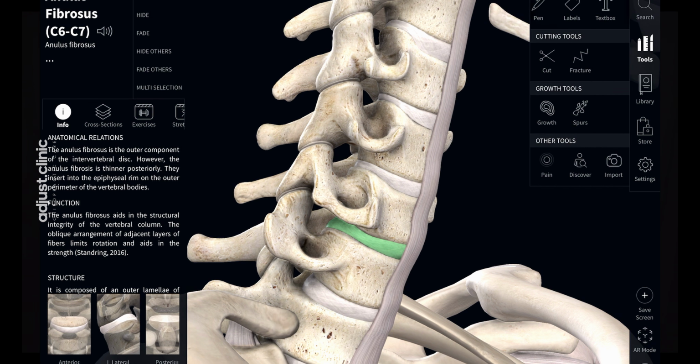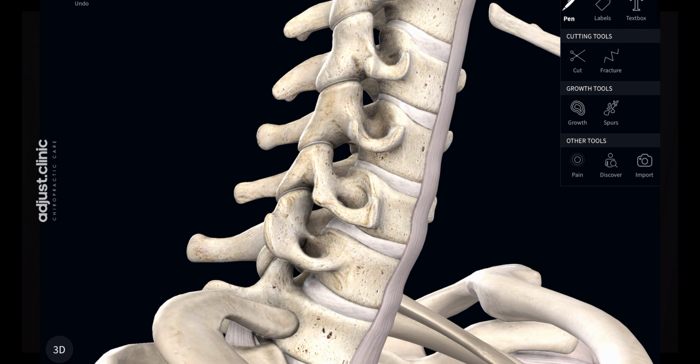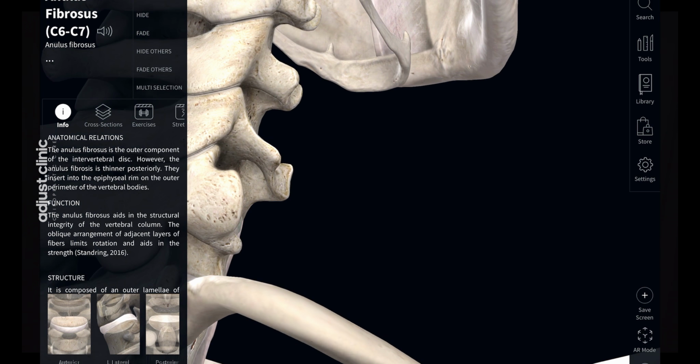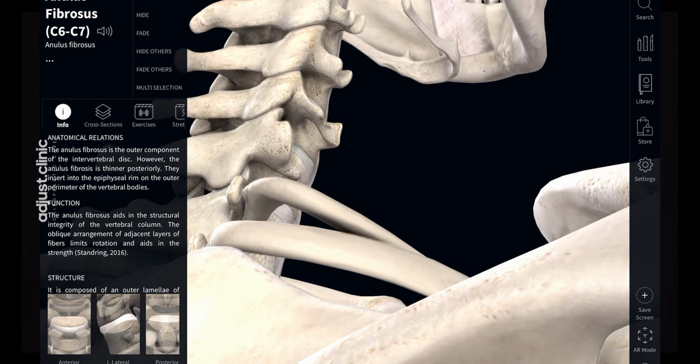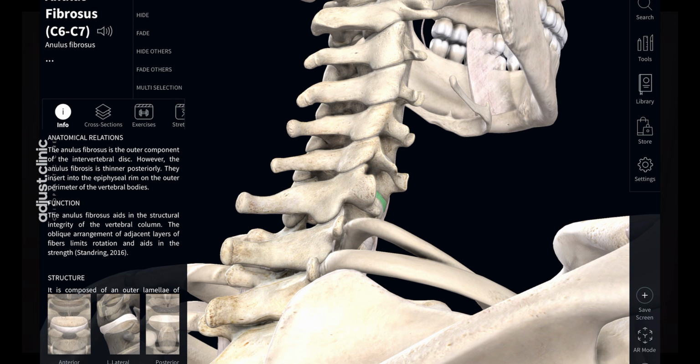Another common pain generator in the neck is these joints right here called the facet joints. These facet joints are in the back part of the spine, while the discs are in the front part of the spine. And these facet joints are more often involved in pain when you have pain with your neck going into extension.